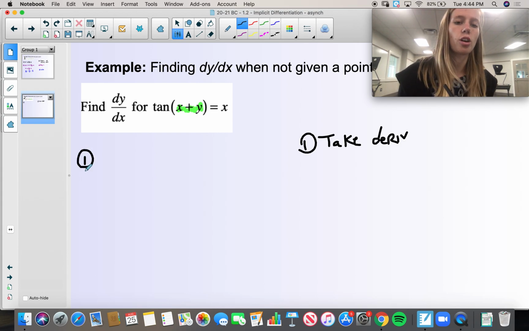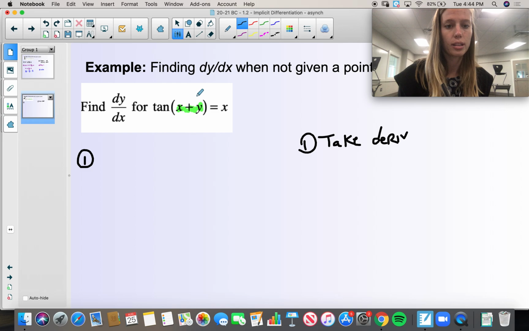All right, so the derivative of tangent of the quantity x plus y, I'm using the chain rule here. I have something in parentheses, so I'm undoing the outside layer first. The derivative of tangent is going to be secant squared.